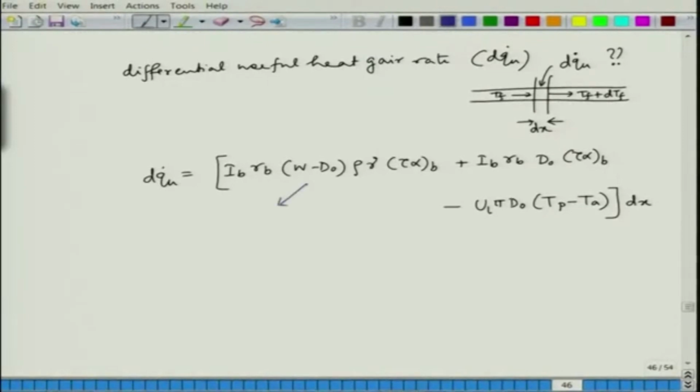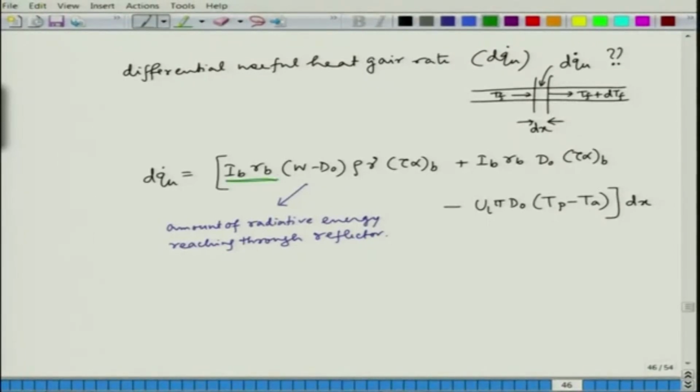So, the first term, this is the amount of radiative energy reaching through the reflector. So, if you see, let me just compartmentalize these things.